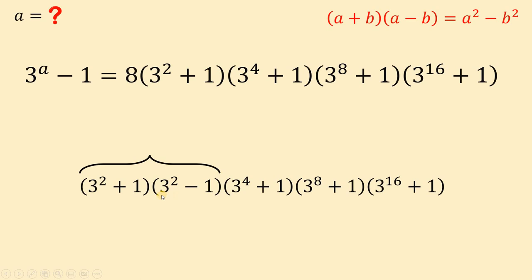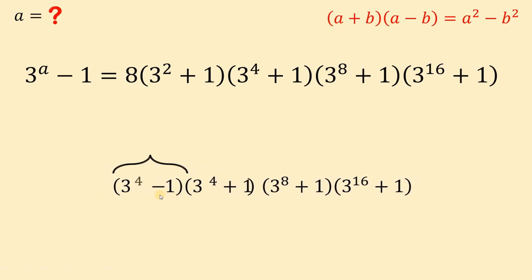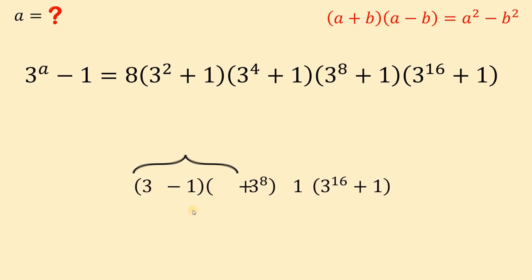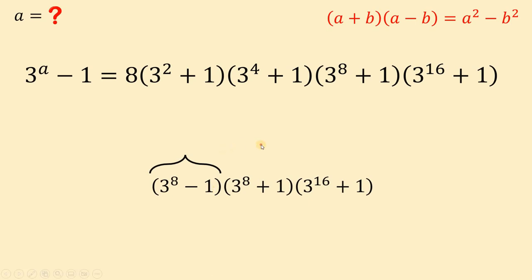So, this is equivalent to just 3 raised to the 4th power minus 1. And now, let's focus on these two factors. Let's simplify this using again this identity. And 3 raised to the 4th minus 1 times 3 raised to the 4th plus 1 is equivalent to 3 raised to 8 minus 1.